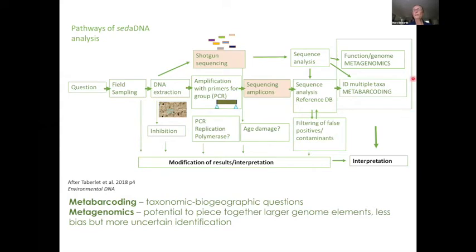So metabarcoding, identifying taxa using a very specific lookup database, is subject to various forms of bias during the process of preparation of the samples, and much has been written about this, and much work is done on it.